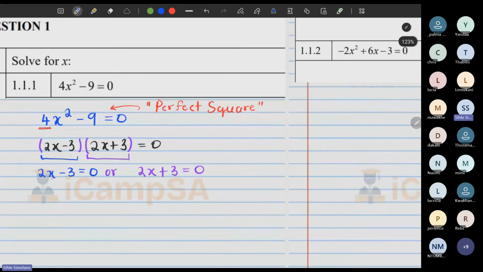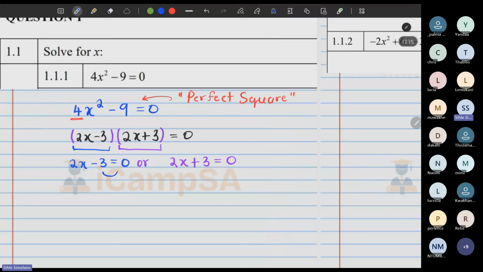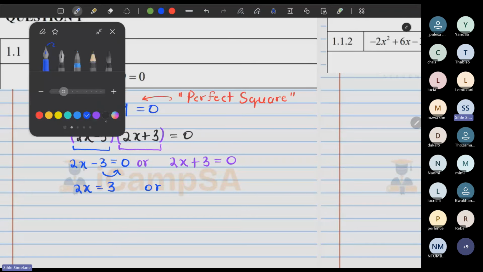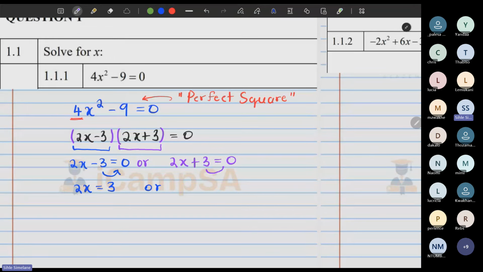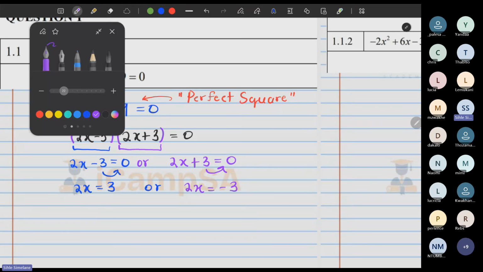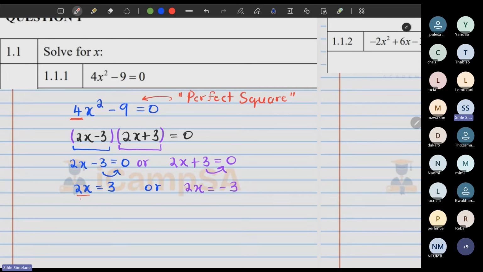If you look at the left-hand side, we need to transpose our 3, so it will be 2x equals 3. On the other side, we need to transpose our 3, so that will be 2x equals negative 3. But remember, we are looking for x here, not 2x. So we must remove this 2.